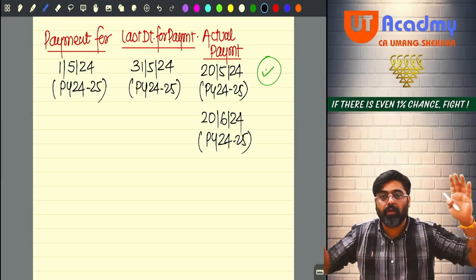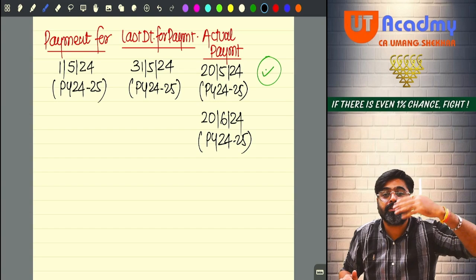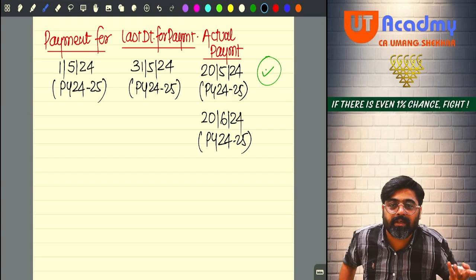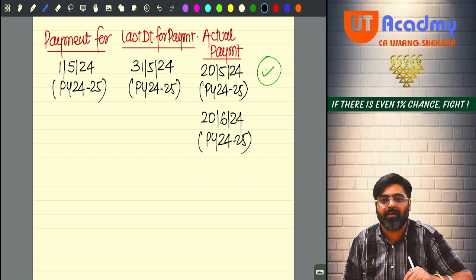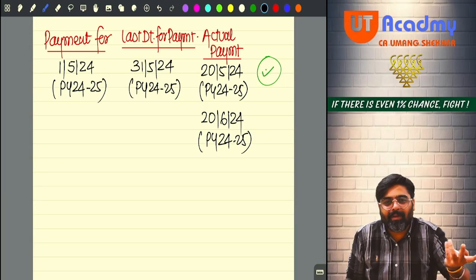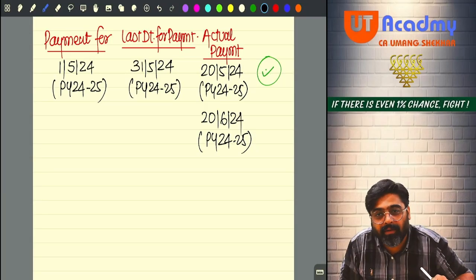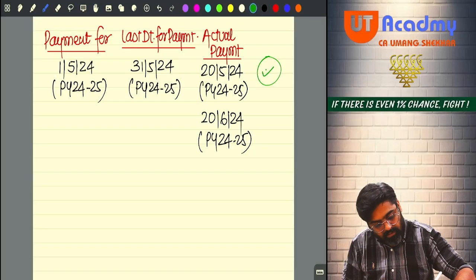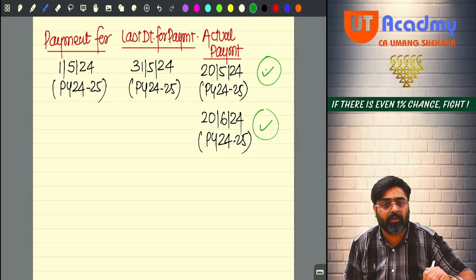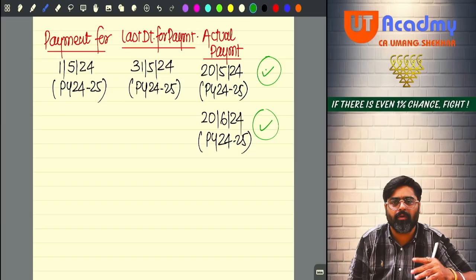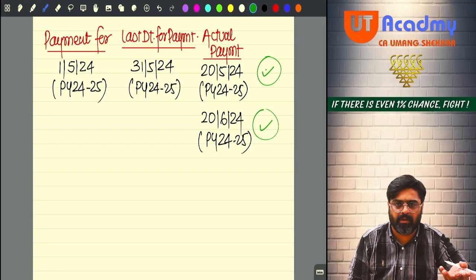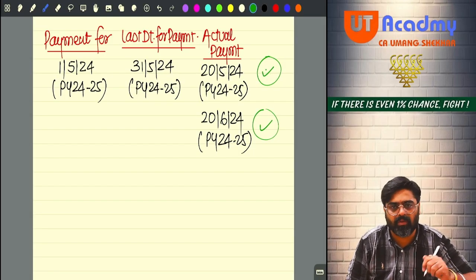It will be allowed in that year in which it is actually paid. So which year is it paid? This year only, no? So it will be allowed in this year. So this year only you take the deduction, because even if you missed the last date of payment, still the payment is made in this year only, no?